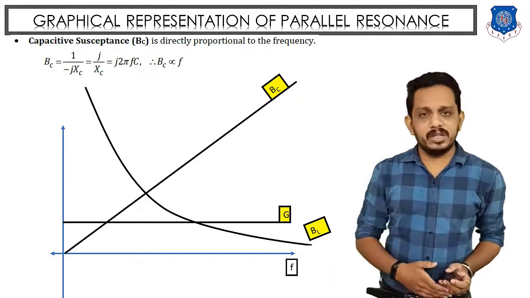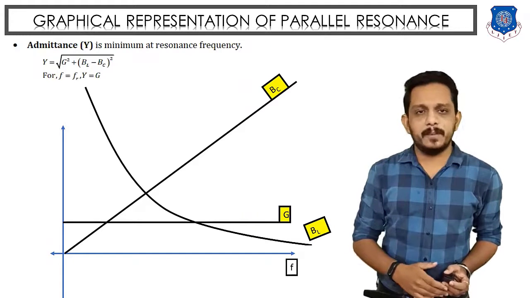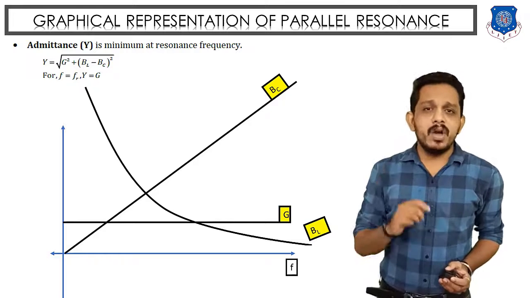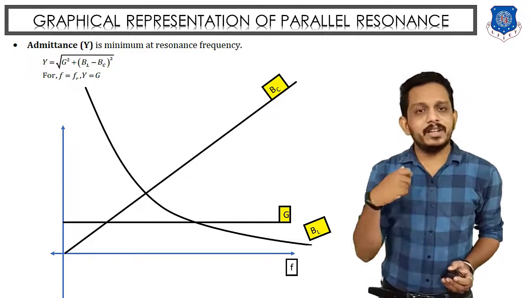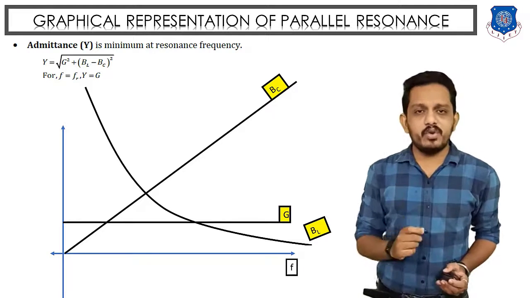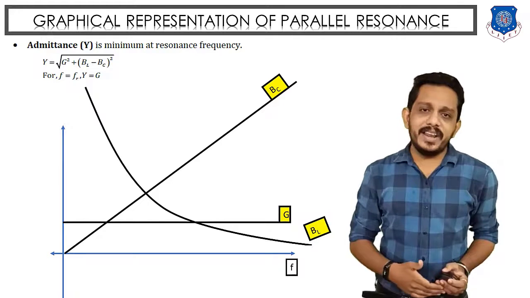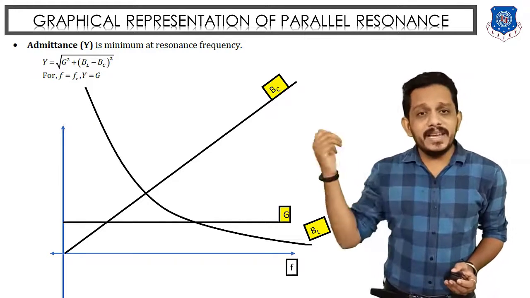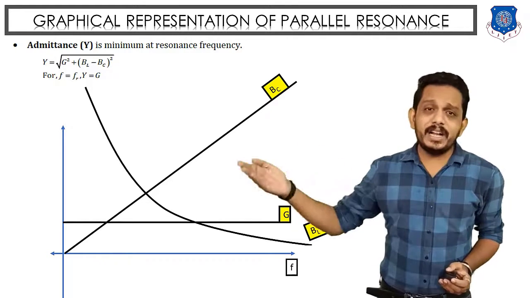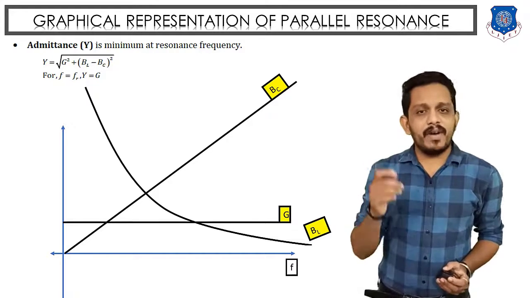Now after drawing these three components, we need to draw the admittance of the circuit. We know that the admittance of the circuit Y is equal to the square root of G squared plus (BC minus BL) squared, or (BL minus BC) squared. So we need to draw the admittance Y. You can see that at the starting condition, BL has a high value and BC has a zero value, so the inductive effect will dominate.